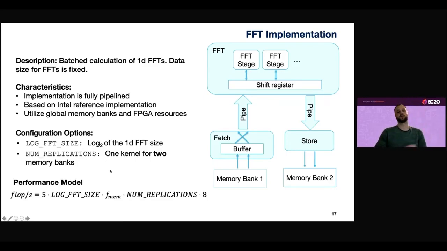If we look at a rough performance model, since this is fully pipelined, we can guess how many flops per second we can get using this formula, and you already see that the FFT size and the number of replications actually have the same impact on the final performance.